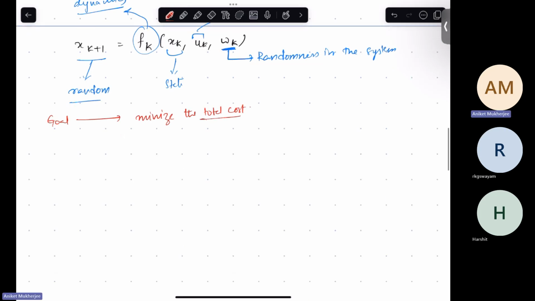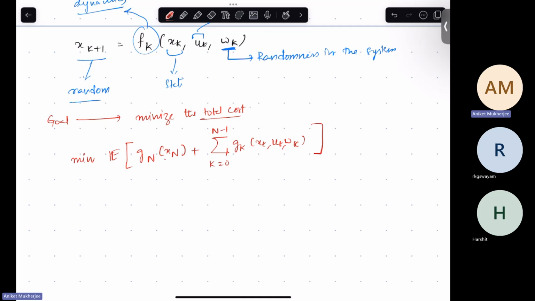Right. So how does the cost function look? The cost function looks something like this: minimize the expectation of gn of xn plus the summation from k equal to 0 to n minus 1 of gk of xk, uk, wk.